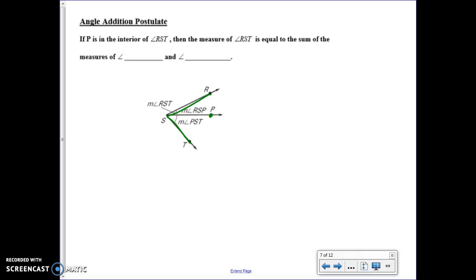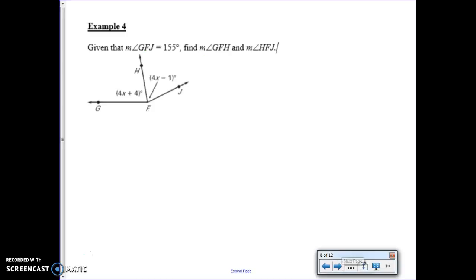So the measure of angle RSP is right here, and angle PST.